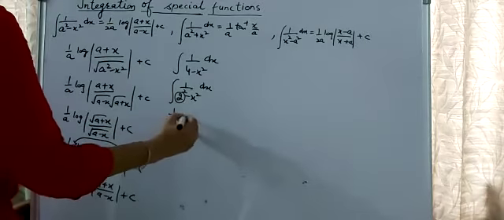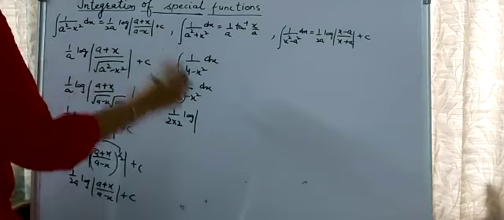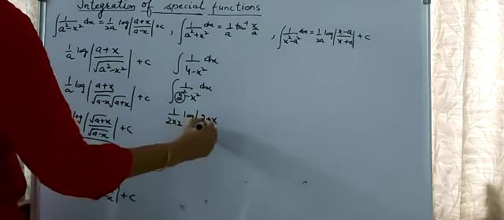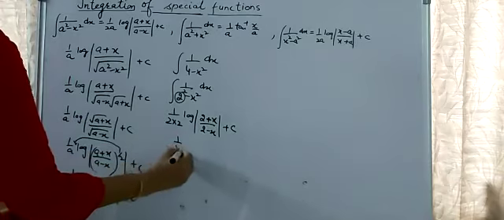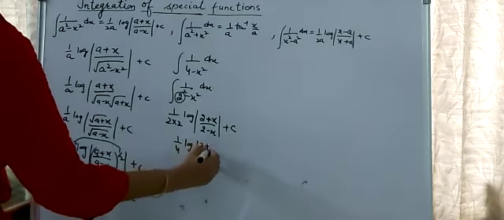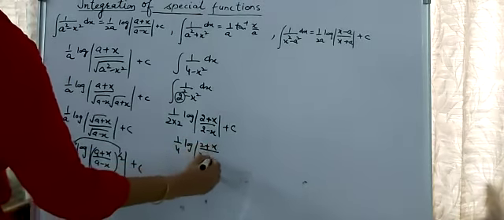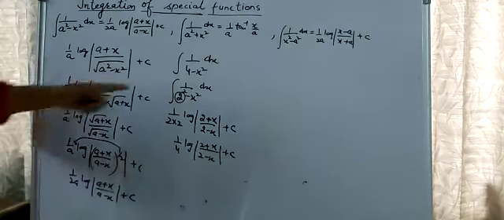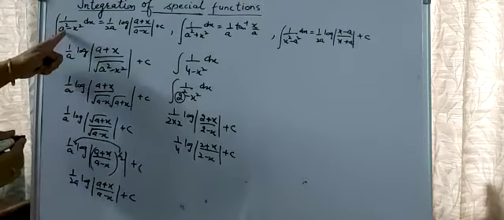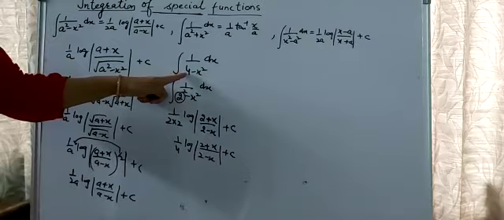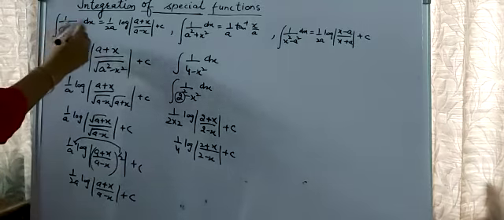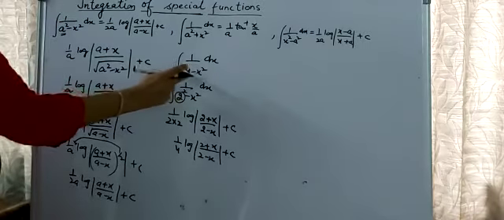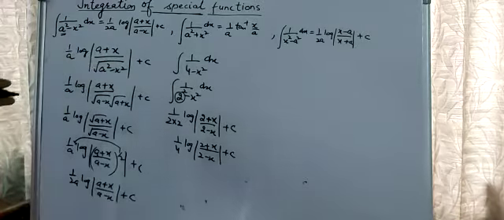Instead of a we substitute 2: 1 upon 4 log of 2 plus x upon 2 minus x plus c. So in this way we can use this direct formula after comparing our question with the formula, and we replace the value of a by comparison, then we put it in the formula and you will get the result.